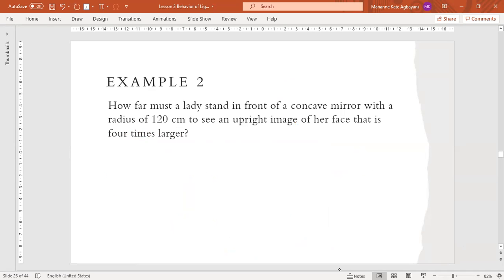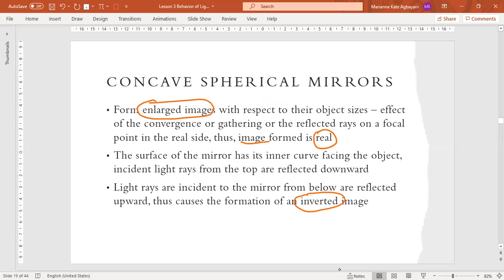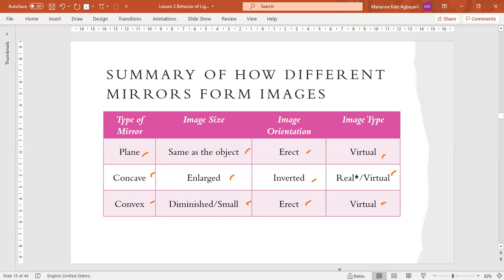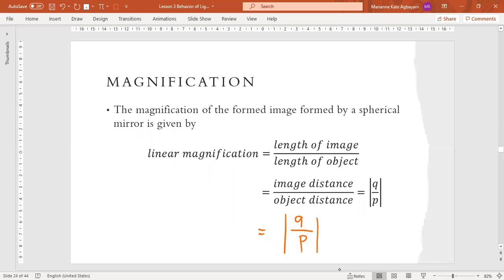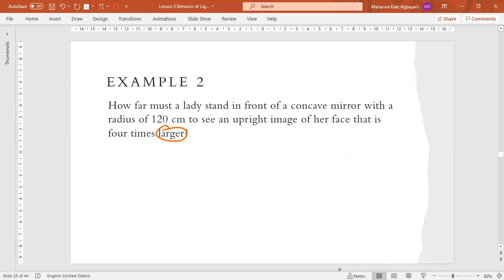Next. How far must a lady stand in front of a concave mirror with a radius of 120 centimeters to see an upright image of herself that is 4 times larger? Take note here, larger. So what is our summary? We have here enlarged, we have concave. So for concave, since it is inverted, that will be negative. Q is negative.